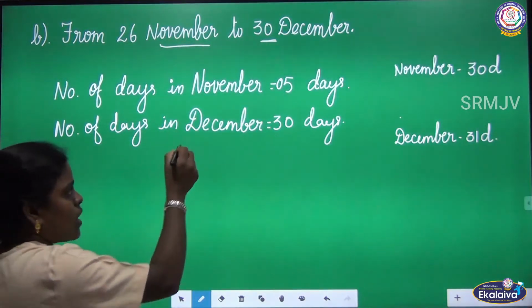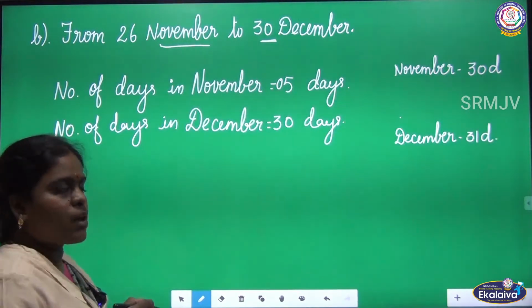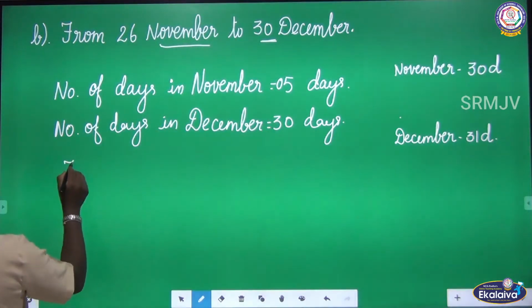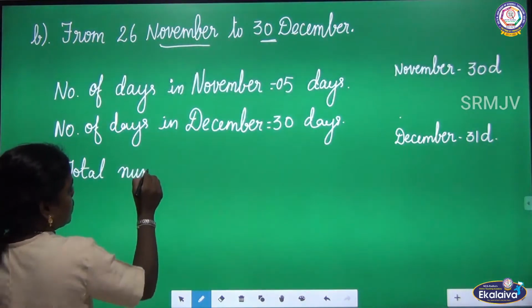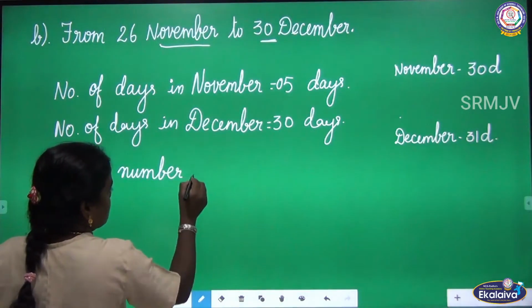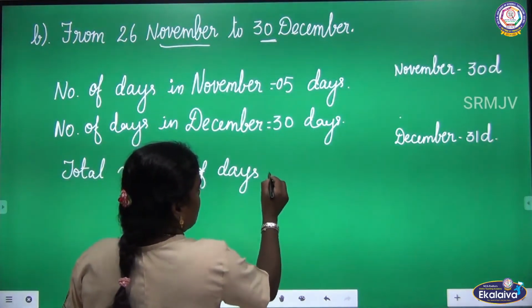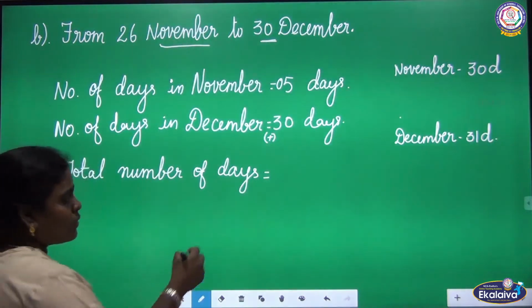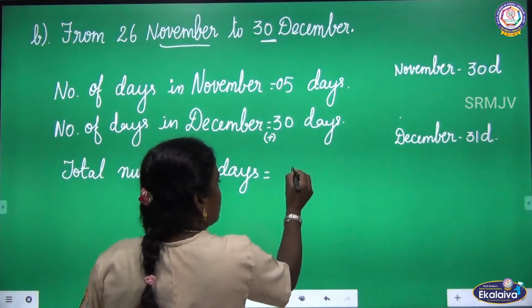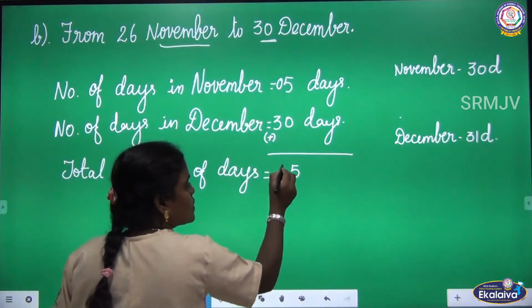So now we are going to add the numbers 5 and 30 to get the number of days. Total number of days equals, just add the numbers 5 and 35. 5 plus 0, it is 5. 0 plus 3, it is 3.